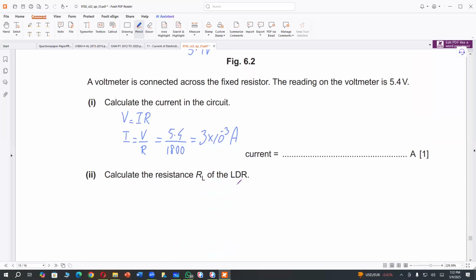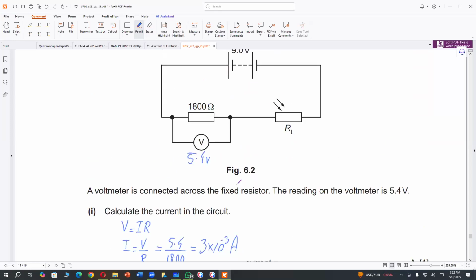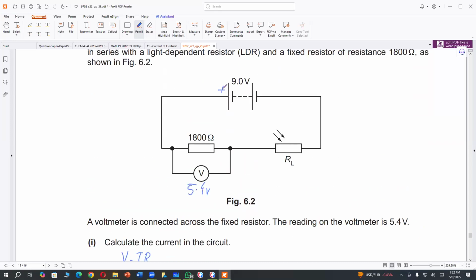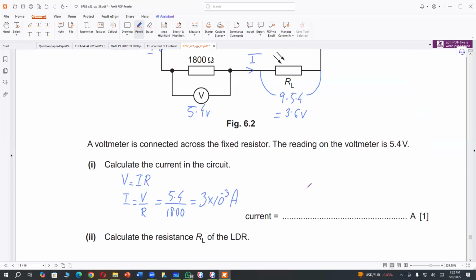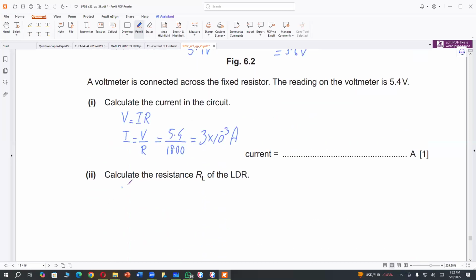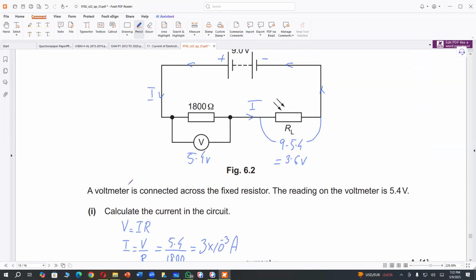Calculate the resistance RL of the LDR. We have the current now. Nine volt is the total voltage. So here I can say 9 minus 5.4, so I can say 3.6 volt. Voltage across LDR.